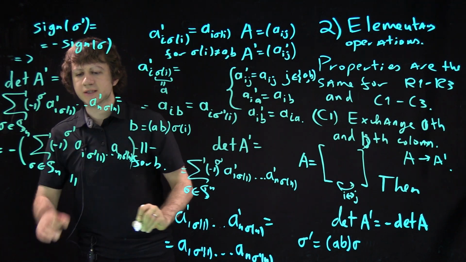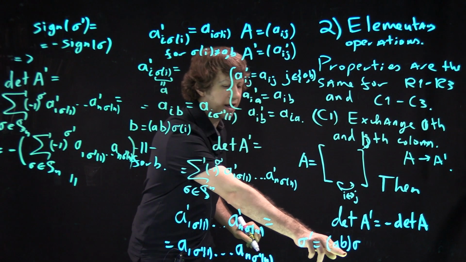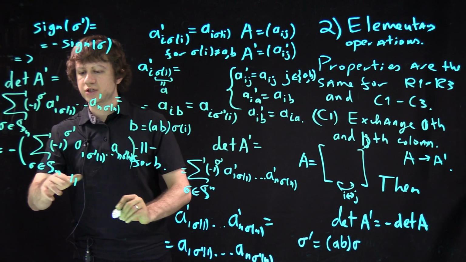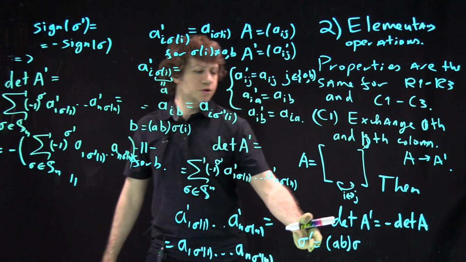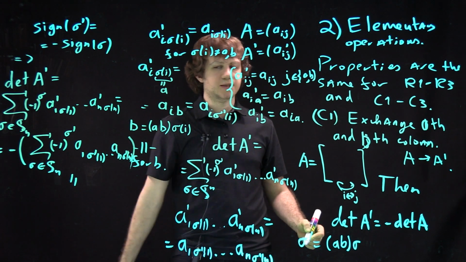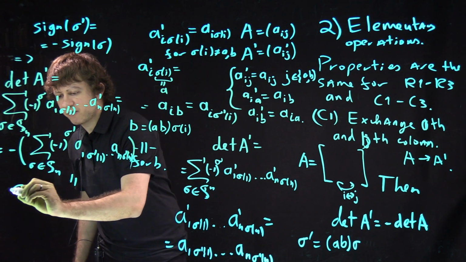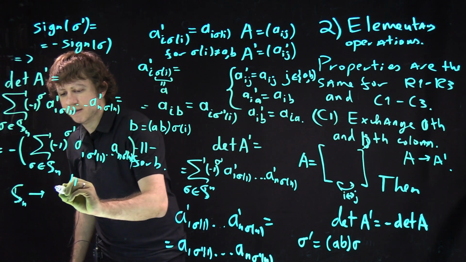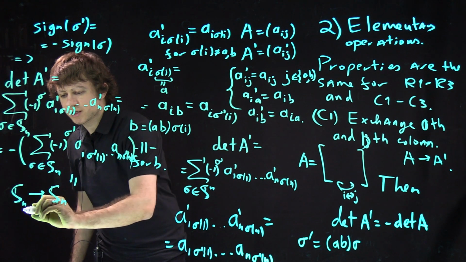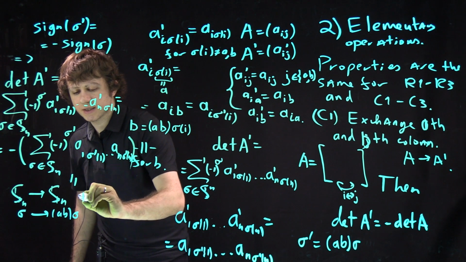And now notice that when you sum over all permutations multiplied by AB, that's absolutely the same as just to sum over all permutations, because multiplying all permutations on AB, you just get the same set. If you take a map from Sn to Sn, which just takes any permutation sigma and sends it to AB times sigma, this is a bijection.